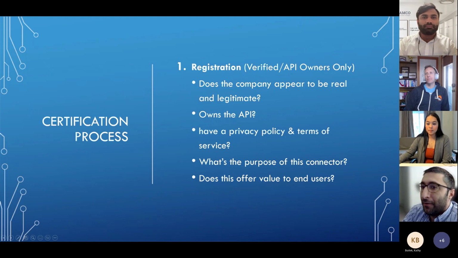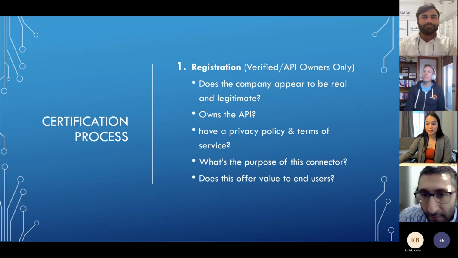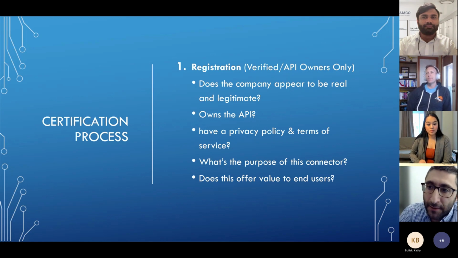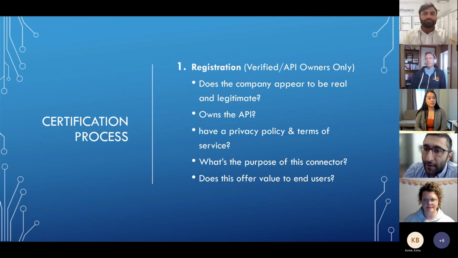Okay, and now after we know what type of partners we are, we're going to start registering our connector. The first step would be to register the connector and fill out the Microsoft registration form. This step is required only from verified publishers, or API owners only.